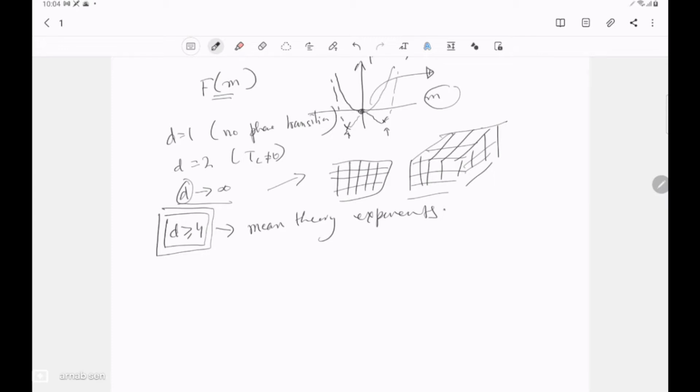That's what we saw, right? For 2 dimensions, of course, we have Onsager's exact solution. For 3 dimensions, we have other methods, primarily Monte Carlo methods, to calculate the exponents to a great accuracy. And from both, we see that they are non-mean field exponents. So that's where we stopped last time.